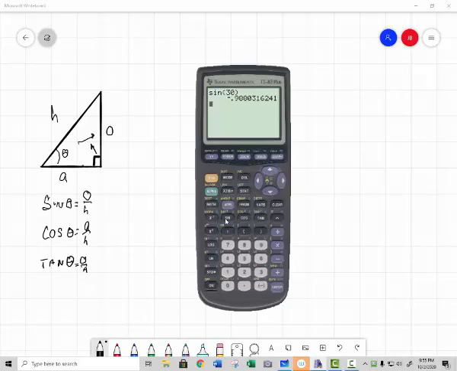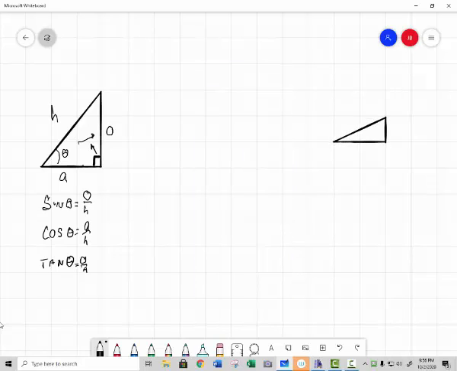So let's take a look at sine of 30. The sine of 30, close the parentheses and push enter, and it simply tells me that the sine of 30 is 0.5. Now, just as an example, I'm going to draw another triangle on here. Okay, so this is my angle theta in here. Here is the angle that I said, and I said that that was 30 degrees.